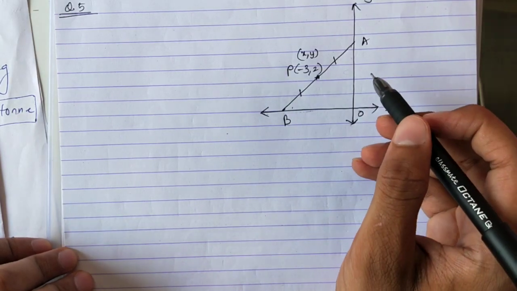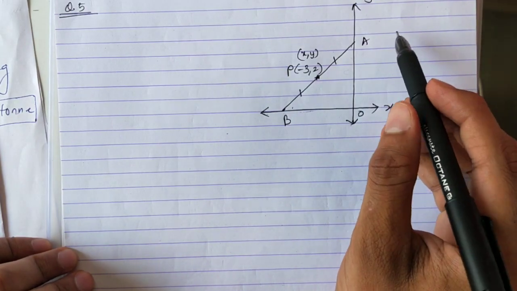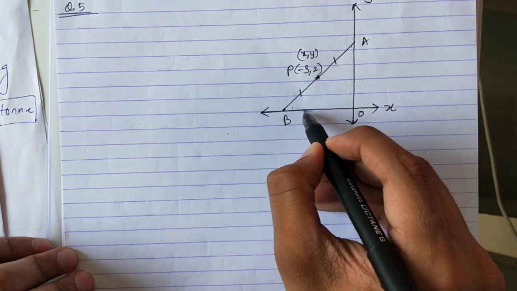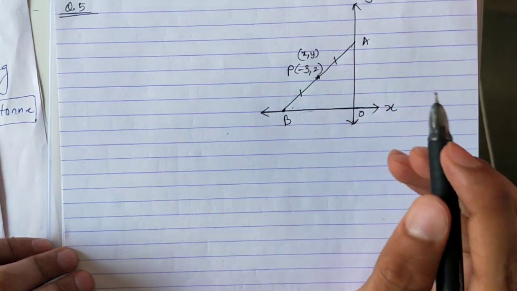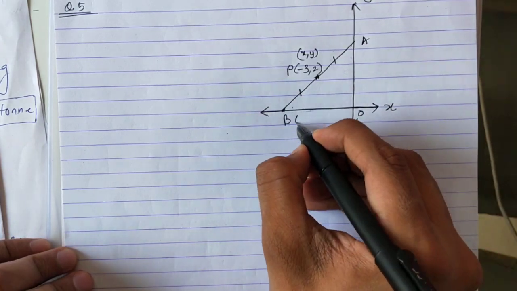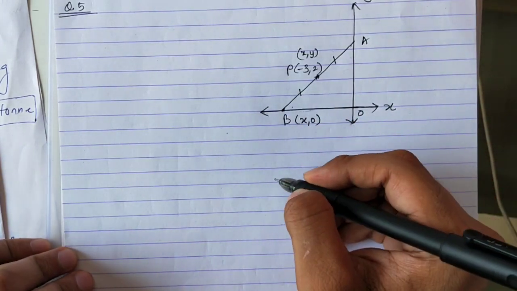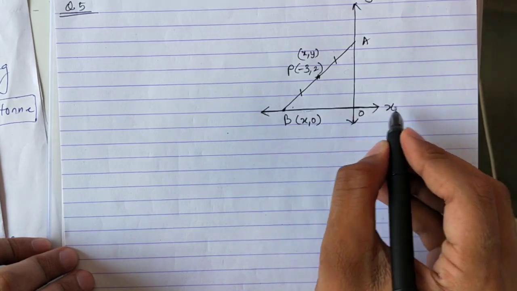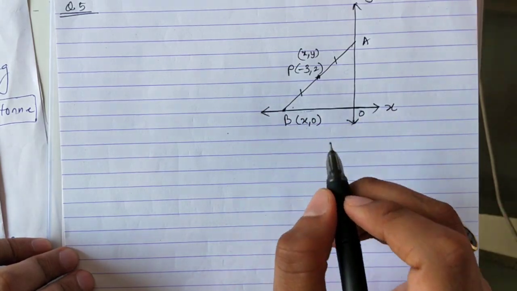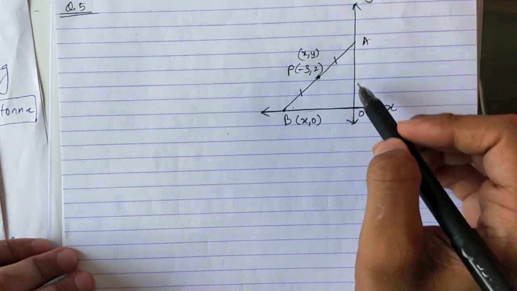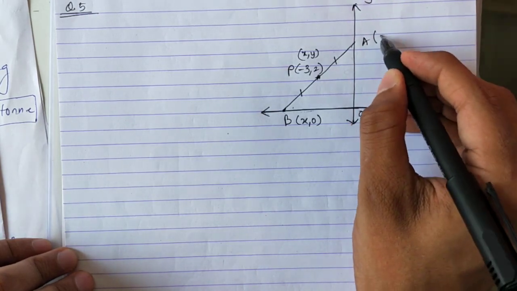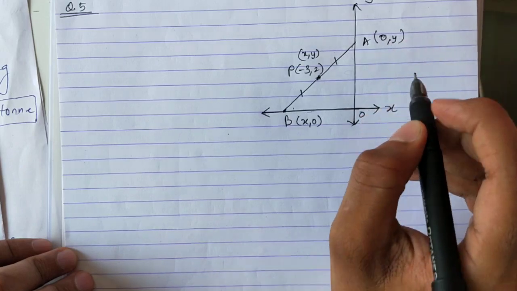Now, like we did in the previous exercise, this point B is on the x-axis. If a point is on x-axis, we take the point as x comma 0. Any point on the x-axis is x comma 0. And any point on the y-axis, this is the y-axis, any point on the y-axis is 0 comma y.